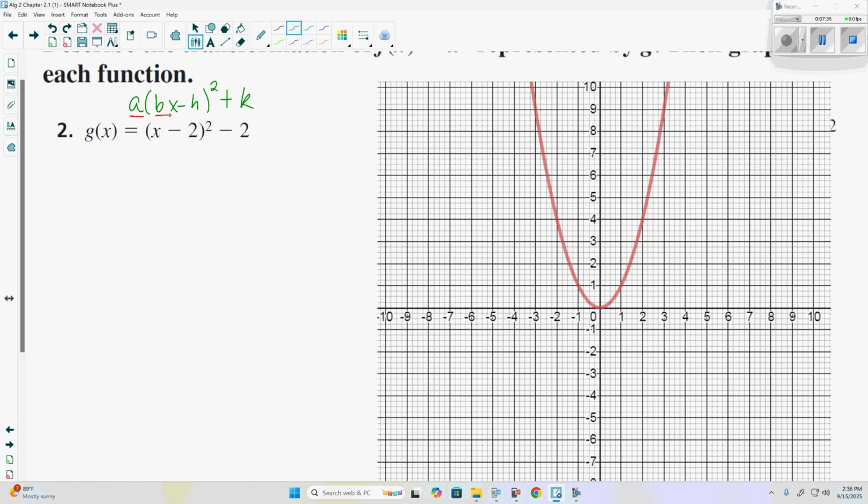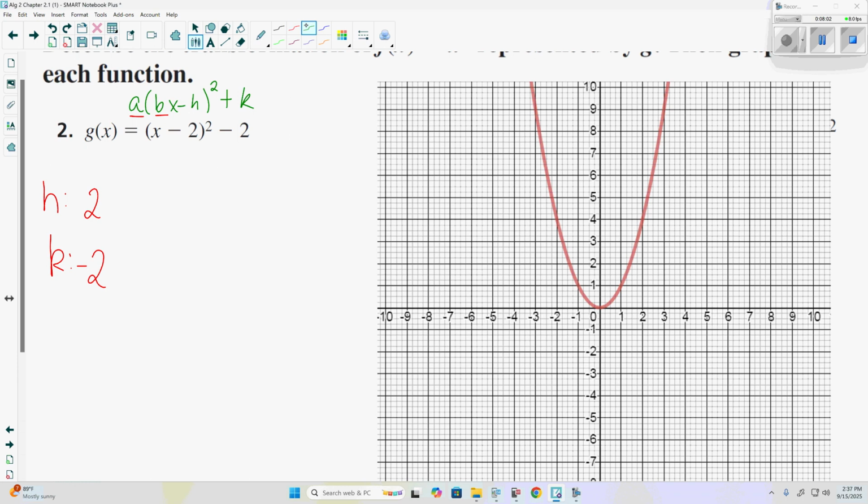Do you have a value for A or B? No. Do we have a value for H? Yeah, and it is 2. Would it be positive 2 or negative 2? Positive, because x minus h, x minus 2, it would indeed be positive 2. K's value is negative 2, because minus 2.